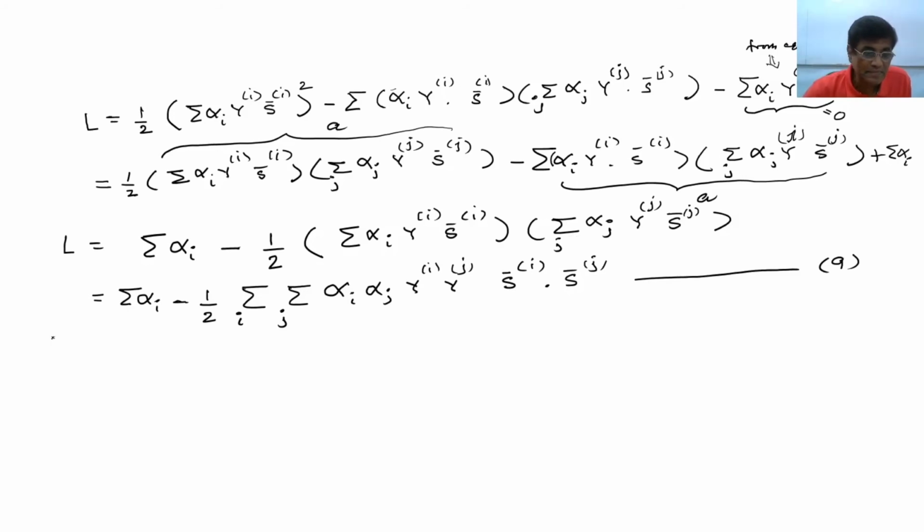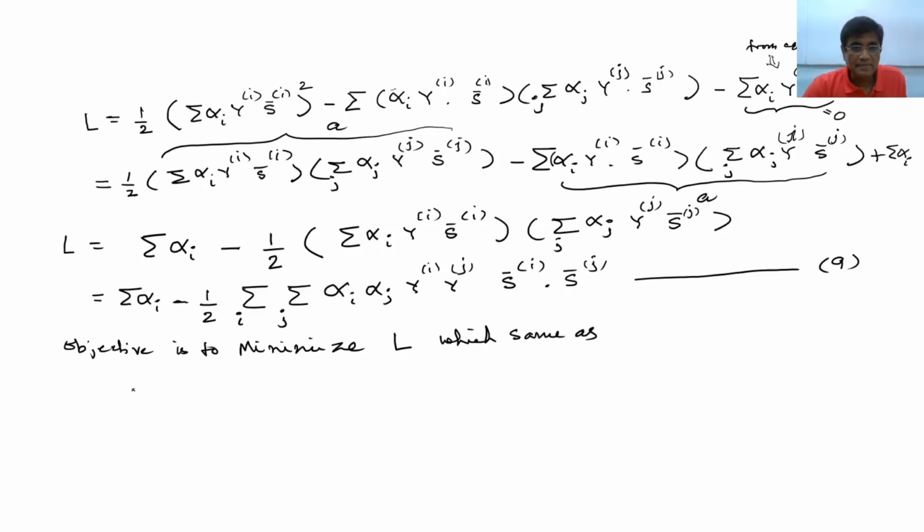So what is my objective? My objective is to minimize L. Objective again, you see a lot of objective, is to minimize L, which is the same as maximizing the dot product between the support vectors.